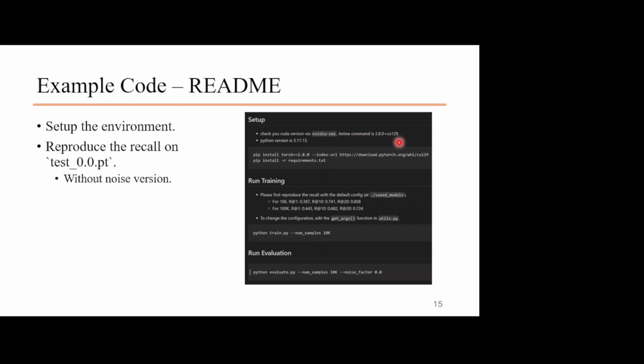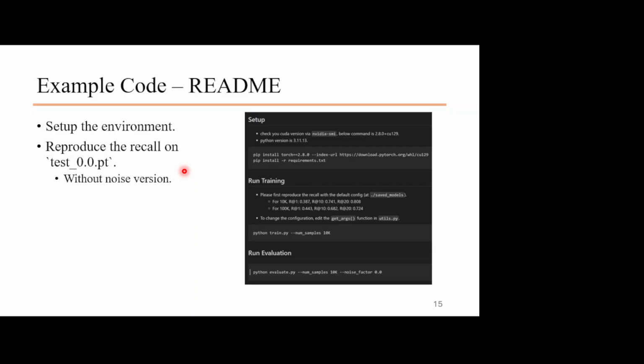If your CUDA version is not 12.9, please change the CUDA version to fit your machine. And after your environment is ready, you have to reproduce the record here to make sure your code runs properly. And note that the record may be slightly different, so it's okay as long as the result is close.